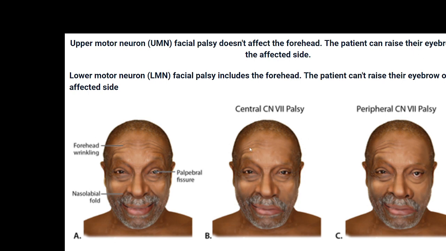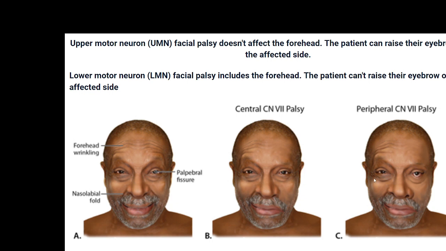That is the typical appearance. Whereas in lower motor neuron palsy, the forehead is involved and the patient can't raise the eyebrow on the affected side. That's the basic difference.